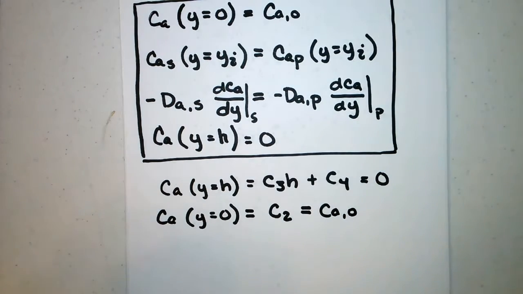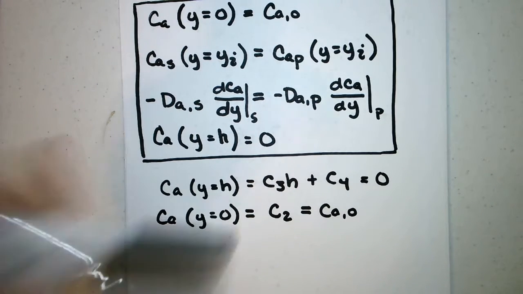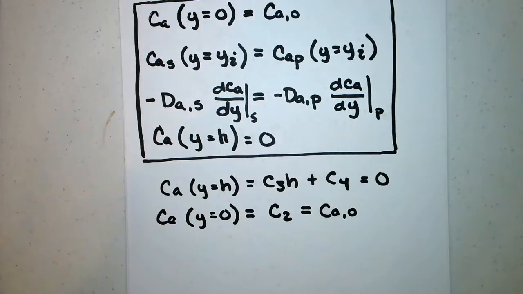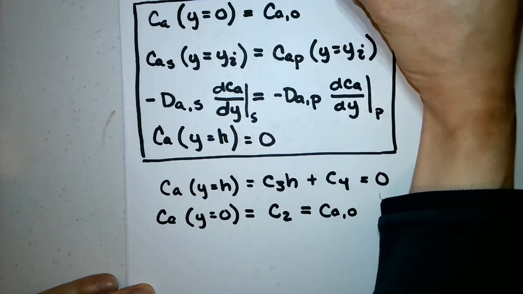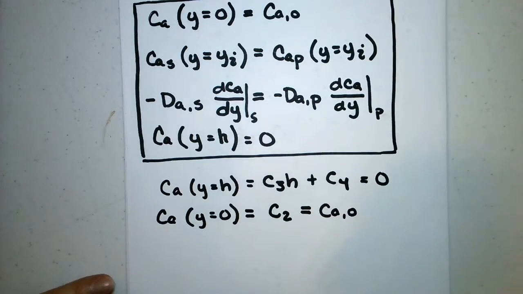So actually, there we go. We have all four boundary conditions, but we've solved for one integration constant already, which is C2. We found that that's CA naught. So we got 1 out of 4.